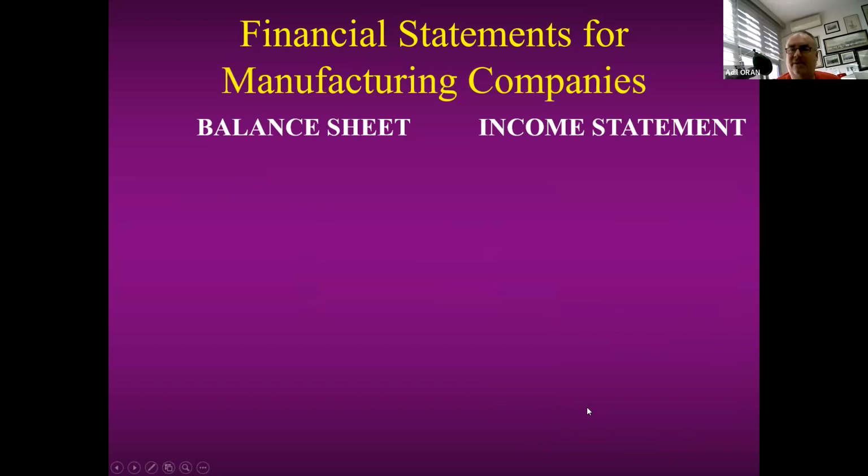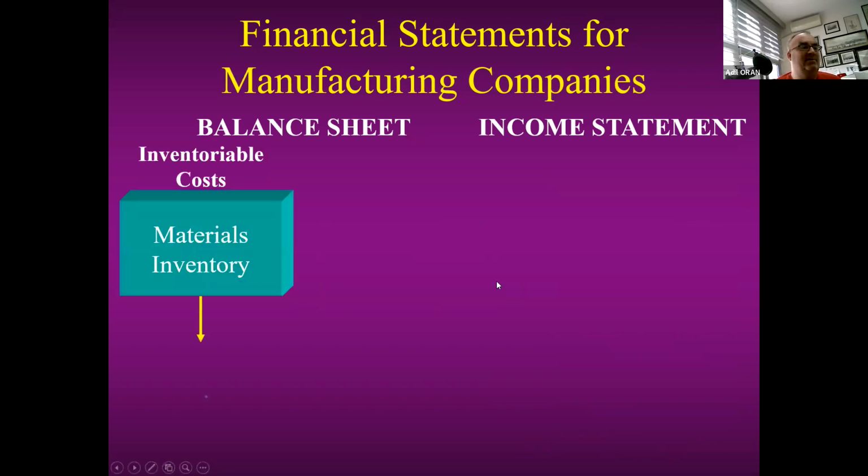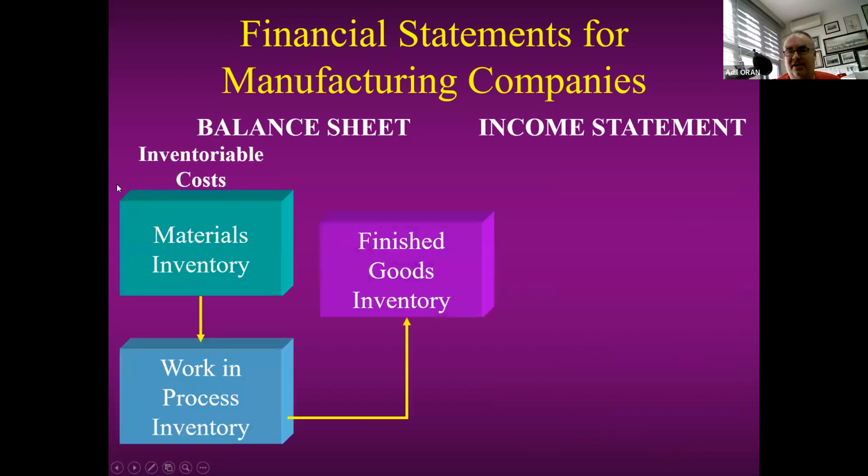In a manufacturing company, it becomes slightly more complicated in that when you buy the raw materials, they go into materials inventory, raw materials inventory typically. And then as you pull them out of that and send them to the factory floor onto the production process, something is taken out of materials and added into work in process.